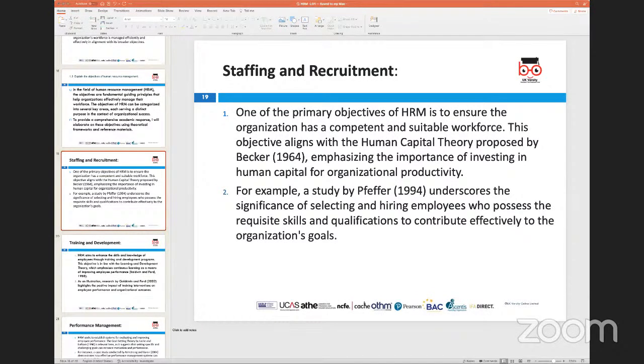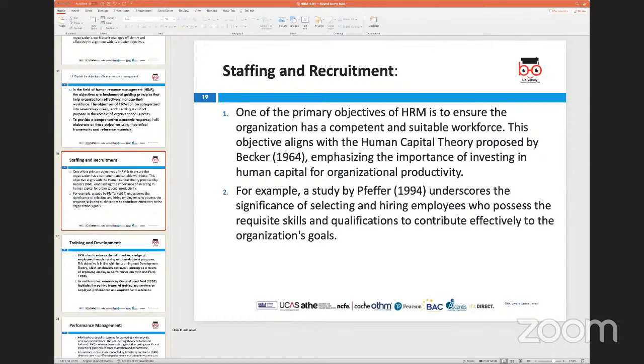What is the purpose of, for example, performance management or training and development? This is what will allow us to understand the key role and objective of each of these functions within the organization.